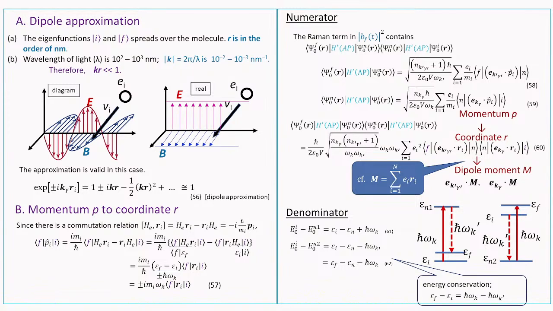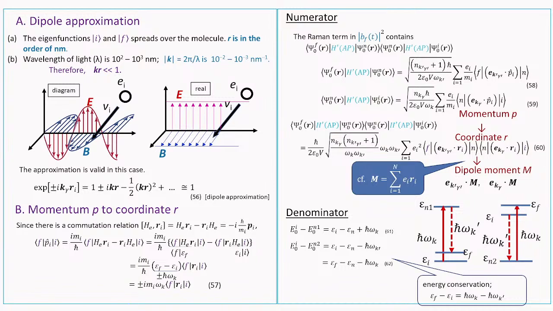Okay? We have considered that when molecules go across the electric field, the force occurs and the interaction Hamiltonian occurs. But let's think about the size of the molecule and the light dimension. Eigenfunctions such as I, F, or N belong to the molecule, and they describe the distribution of the electrons around the molecule.